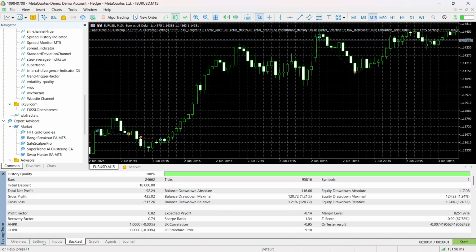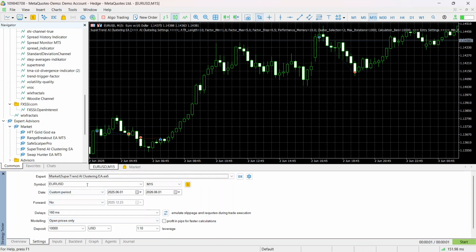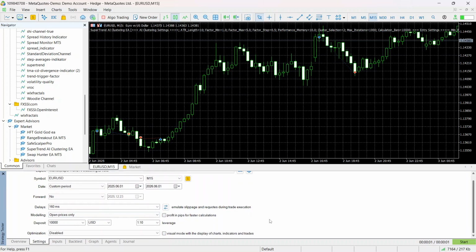Talking real results, I ran this on EURUSD on the M15 time frame from June 1st 2025 to June 1st 2026. That is a period of a full year, with a 10k starting balance. Similar setup to what you see in a typical test.